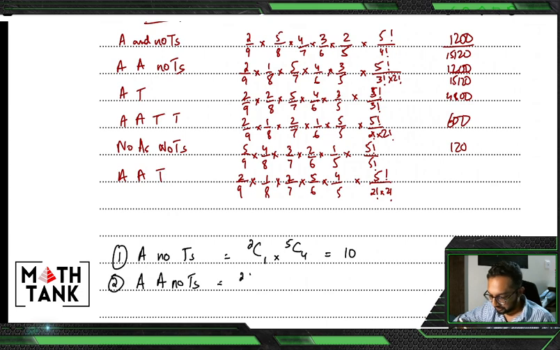So that's 2C1, 1C1, and then 5C3, which is 5 into 4 into 3. That gives me 10 as well, I think. 5C3 is 10.